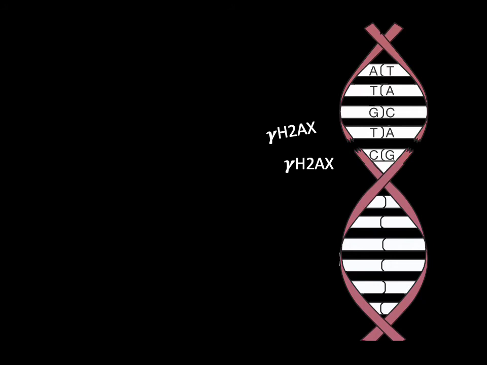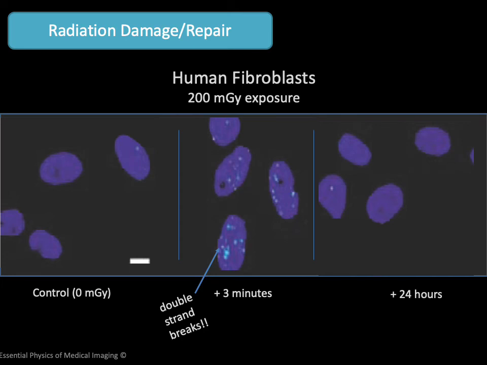By imaging gamma H2AX, we can observe double-strand breaks and their repair process. These images show the immunofluorescence of tagged gamma H2AX proteins, showing the timeline of double-strand break induction and repair in primary human fibroblasts exposed to 200 milligray radiation. Groups of double-strand breaks and repair proteins show up after 3 minutes, but are virtually absent by 24 hours after exposure.